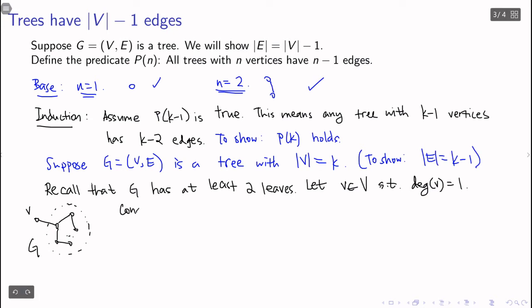So consider the graph. Let's remove small v from the vertex set. And E, I don't want to give a name to this edge, so I'm just going to say, consider the graph obtained by removing V and the edge incident to it.